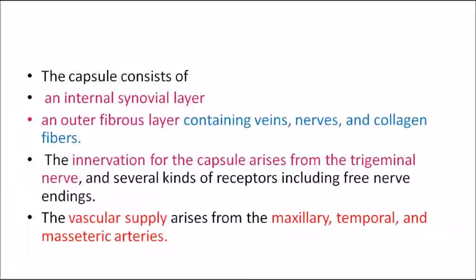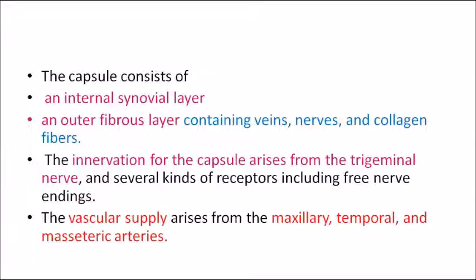This joint capsule consists of an internal synovial layer, and an outer fibrous layer which contains the nerve supply, vein supply, and collagen fibers. So unlike the articular disc, which was relatively avascular and hyalinized, the joint capsule has an internal synovial layer and an outer fibrous layer with vascular and nervous supply as well as collagen fibers.